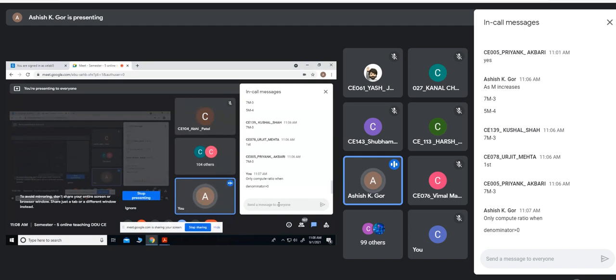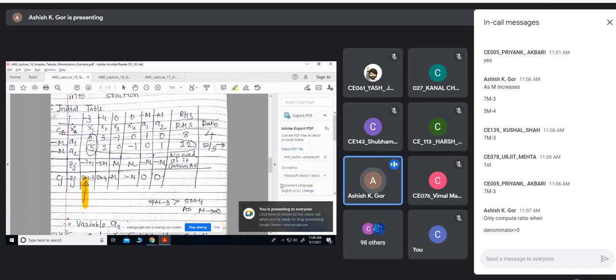Because ratio is nothing but a limiting value: up to what extent I can increase the value so that it satisfies both the constraints. I cannot make those values negative. So I cannot allow the ratio to be negative or infinite. So remember this thing. Here there is no question, but still I am saying that. So this is the 4 and 12 by 5.